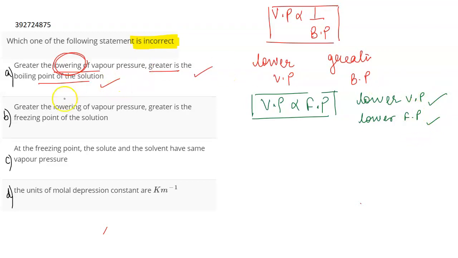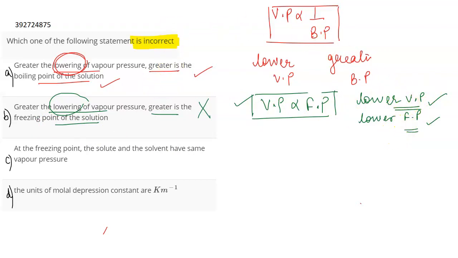But the statement says that greater is the lowering of vapor pressure, greater is the freezing point of the solution. So this statement is incorrect, because if the lowering in vapor pressure is greater, then the freezing point should also get lowered, because the relationship is direct. So the second statement is incorrect.